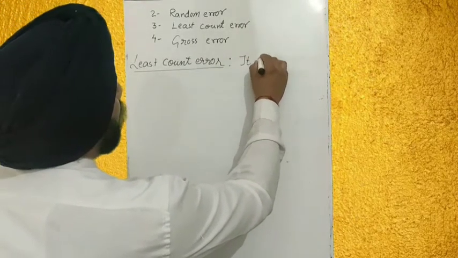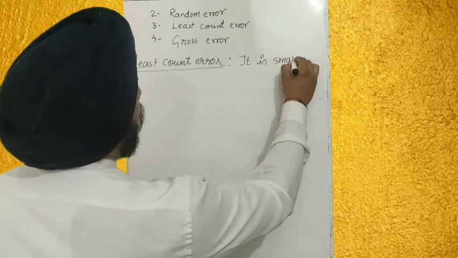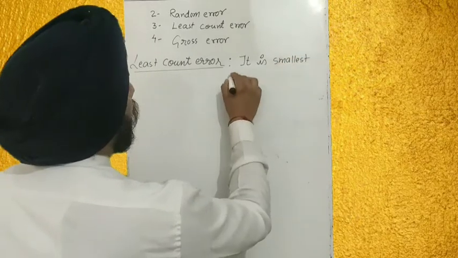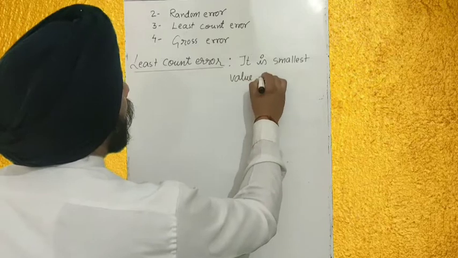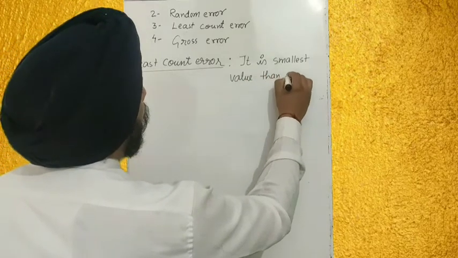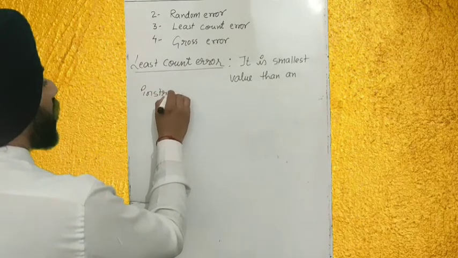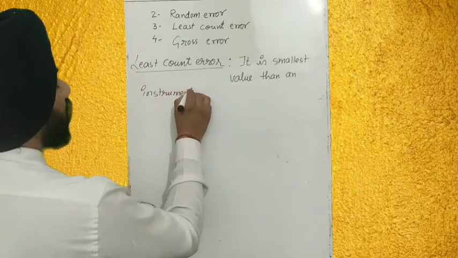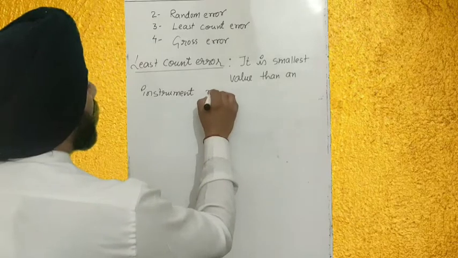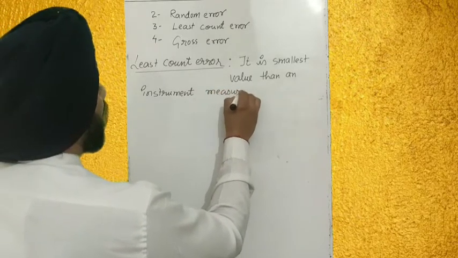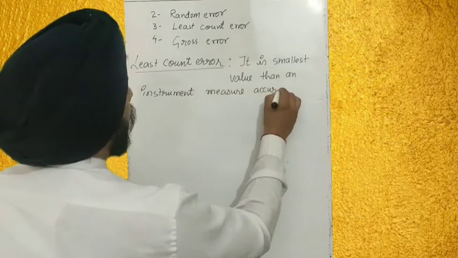Okay, so what is least count error? It is the smallest value that an instrument can measure accurately.